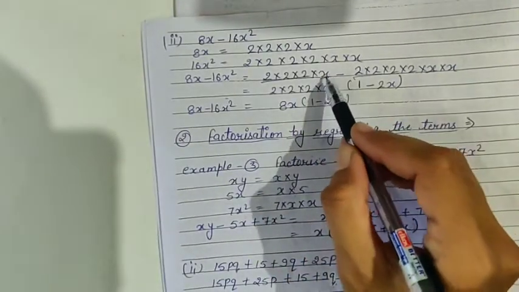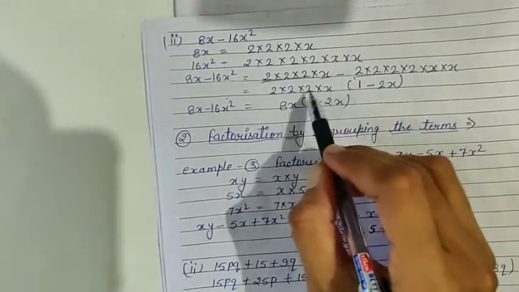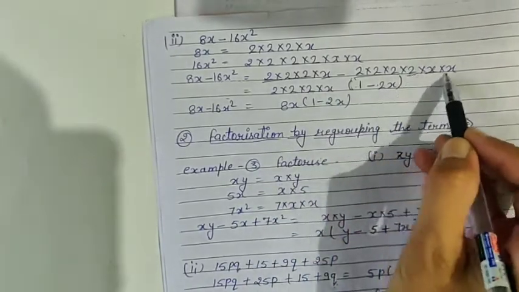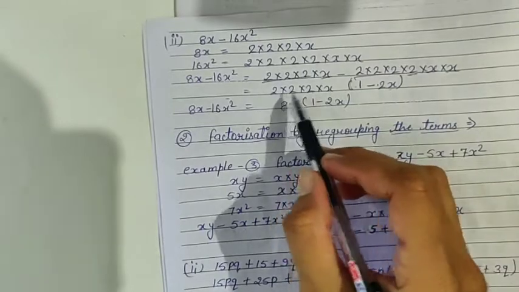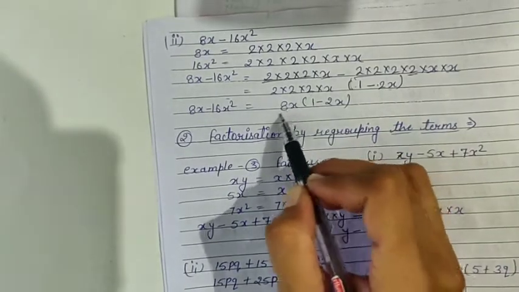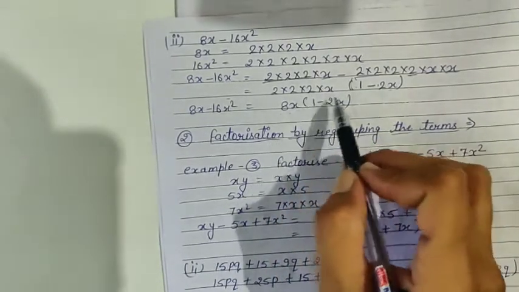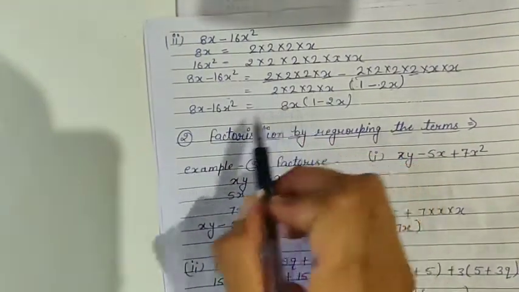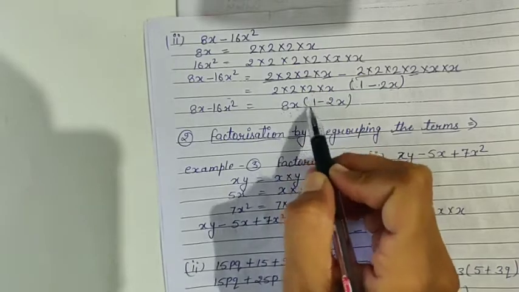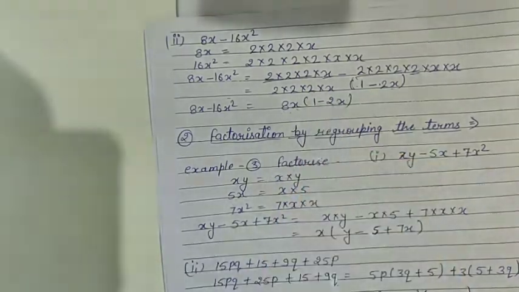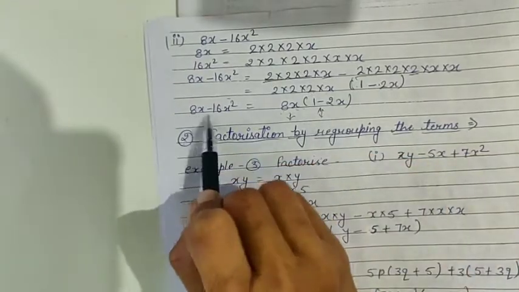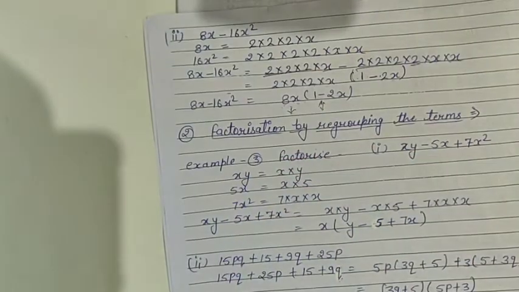So here 1 will remain, and 2 into 2 into x remains in the bracket: 1 minus 2x. So 2 into 2 into 2, that is 8. So 8x bracket 1 minus 2x. So 8x minus 16x square is 8x multiplied by 1 minus 2x. So this is in the form of two factors.